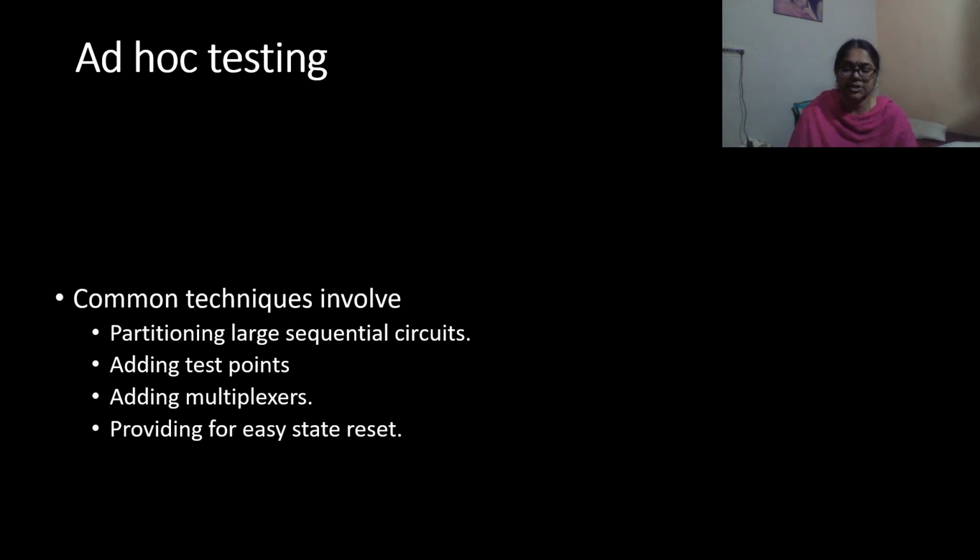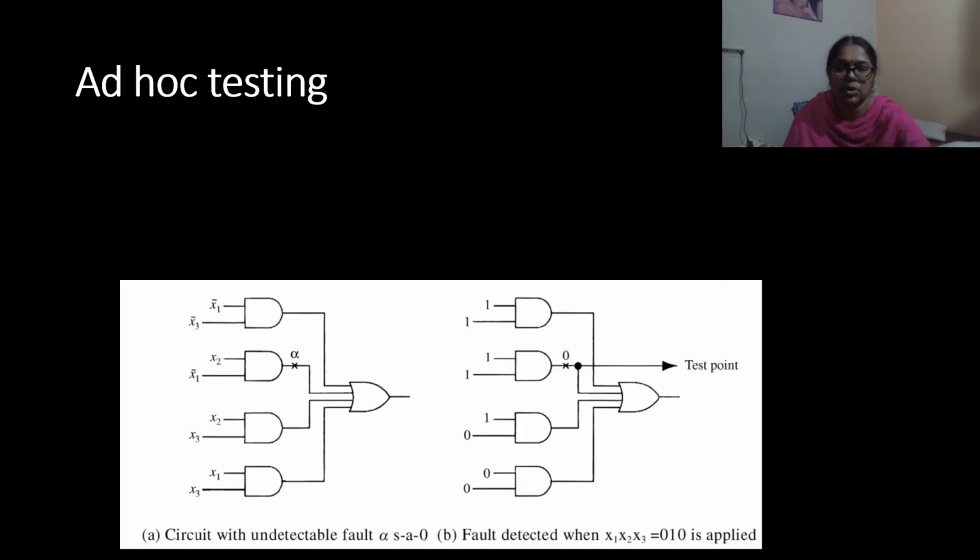Test points are in general used to observe the response at a node inside the circuit, whereas control points are utilized to control the value of an internal node to any desired value, 0 or 1. By incorporating a test point at node alpha, the input combination 010 or 011 can be applied to detect the fault.